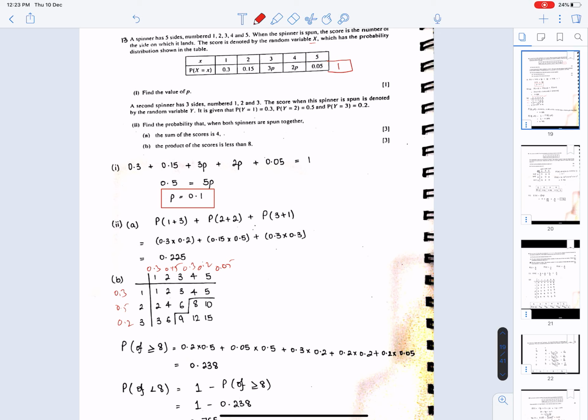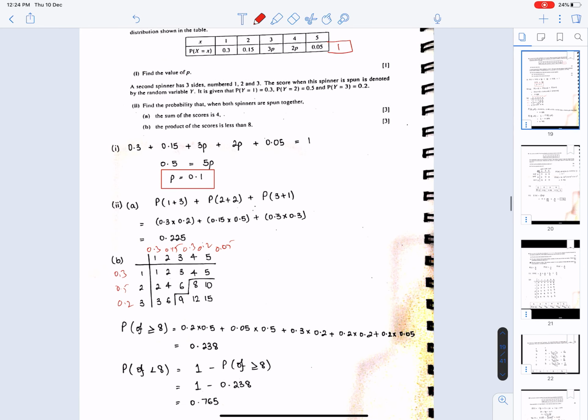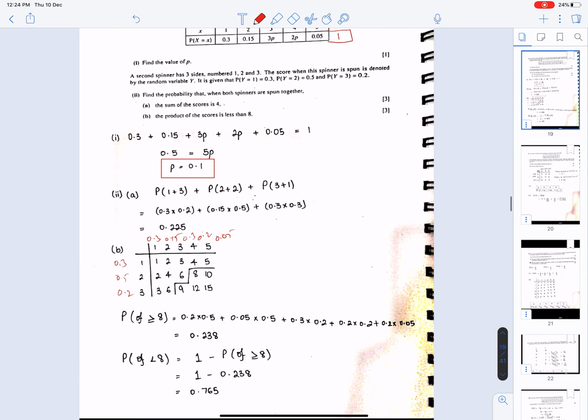We already have used this type of possibility space in question 5, and now we need the sum of these scores. I mean, this is not the right possibility space. You should use this possibility space instead.